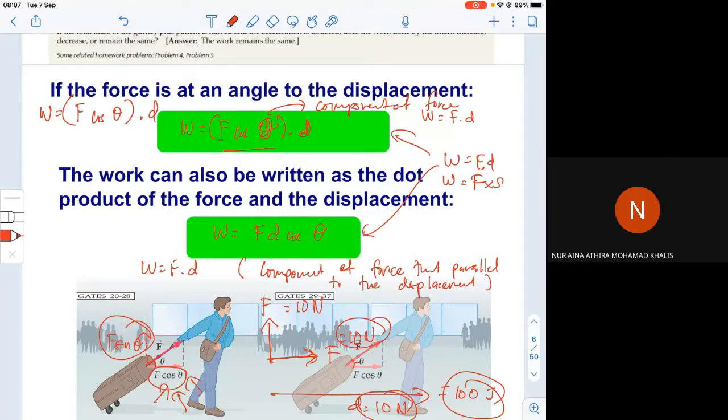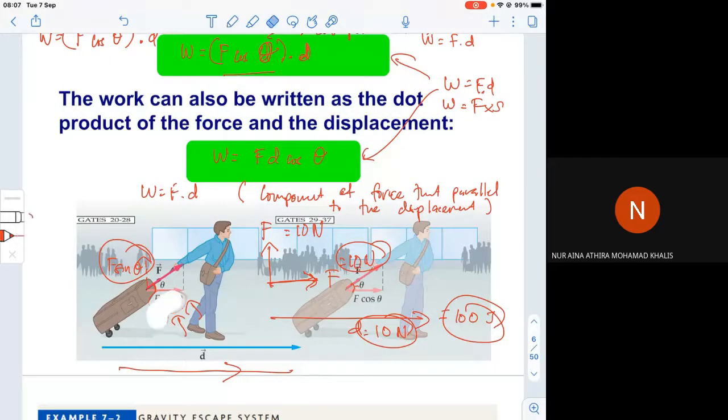How can we get F cos theta dot D? F cos theta is based on this kind of situation. Let's say you are pulling a bag with a certain force, and the force is at some angle between the force and the displacement.